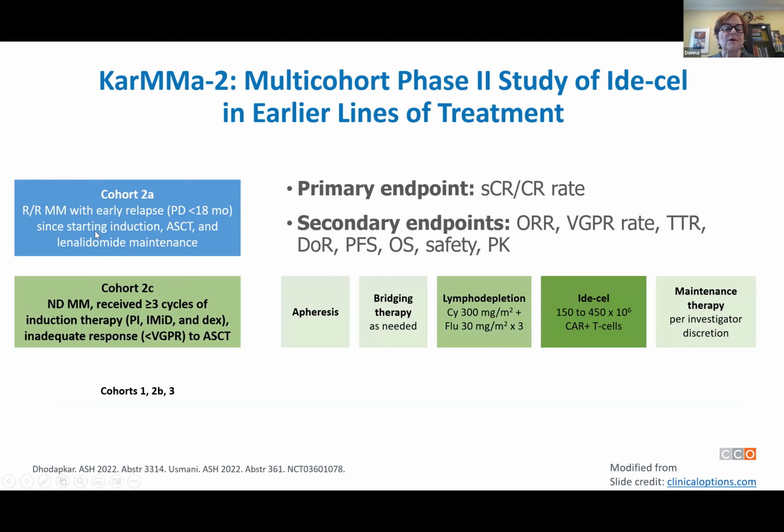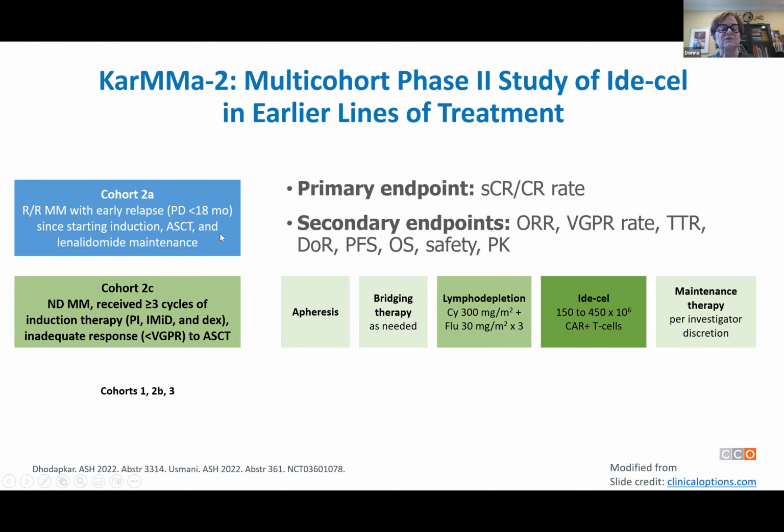So what the KarMMa platform studied is cohort 2A and 2C. These were individuals who had early relapse. Their myeloma had come back within a year and a half of starting induction, then a transplant, then lenalidomide maintenance. Now, this approach gives over 5 years median progression-free survival, usually.